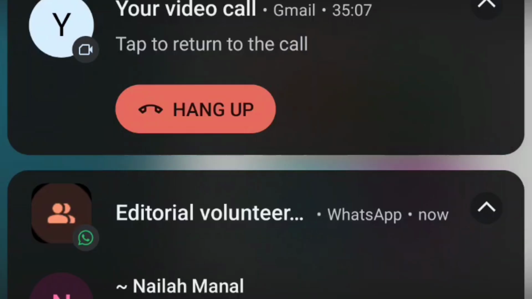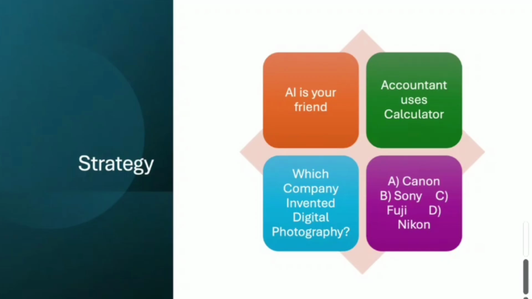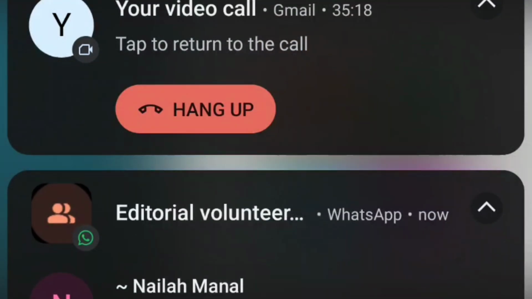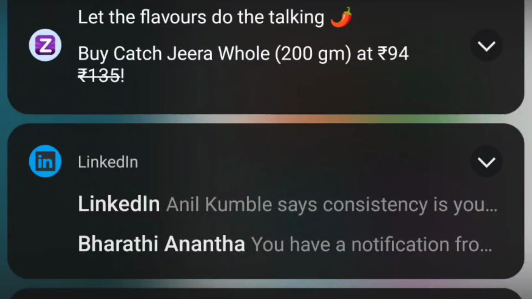But now computers do it. Similarly, an accountant uses a calculator to get his accounts done. That did not make the accountant irrelevant. In fact, he is able to do much more.